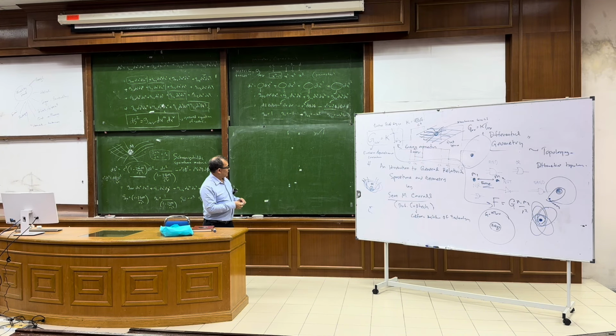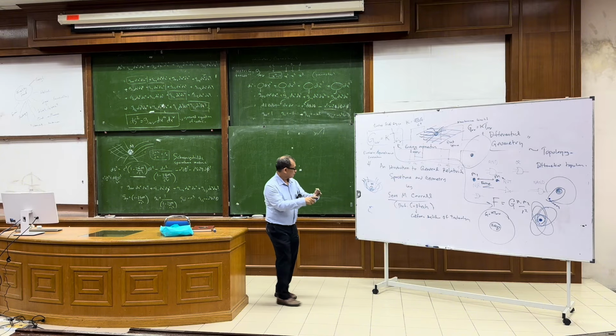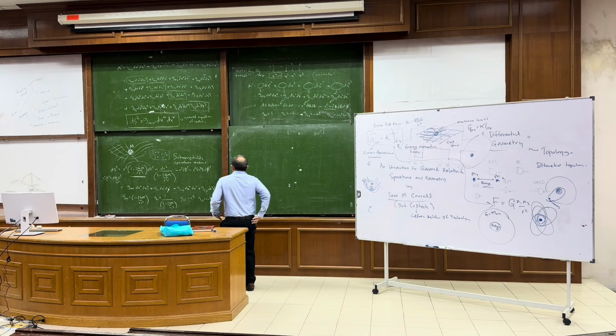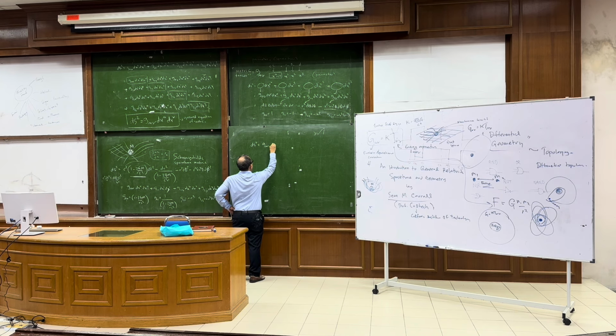So this one is how you use tensor mathematics to calculate things in general relativity lah. Okay, so we know this is what we call the metric, the equation of the metric. This is the metric tensor.